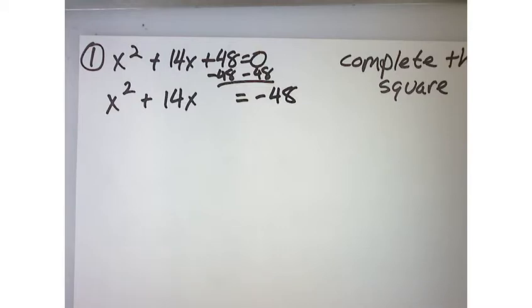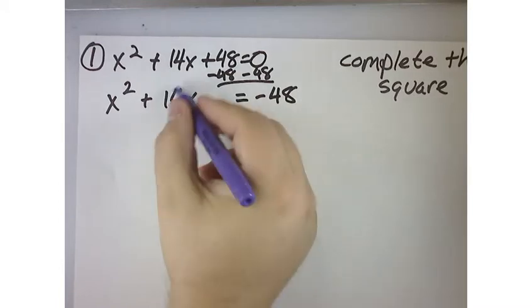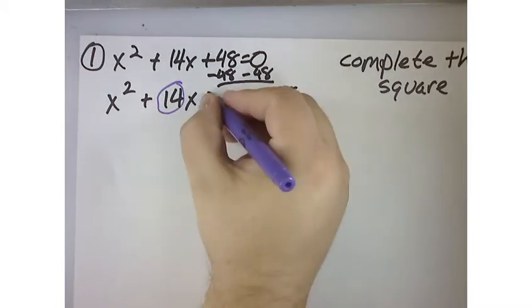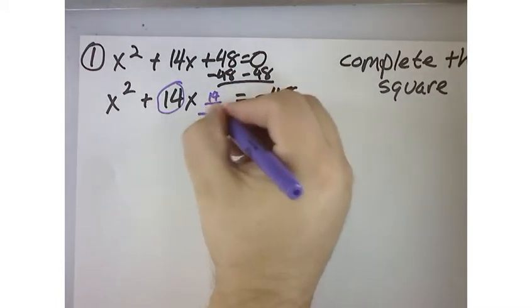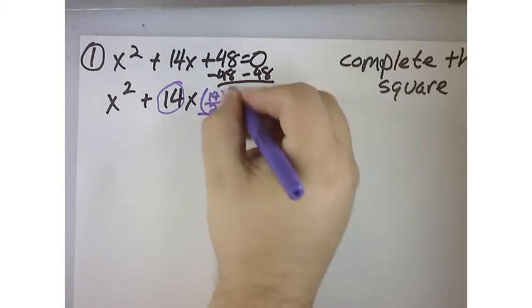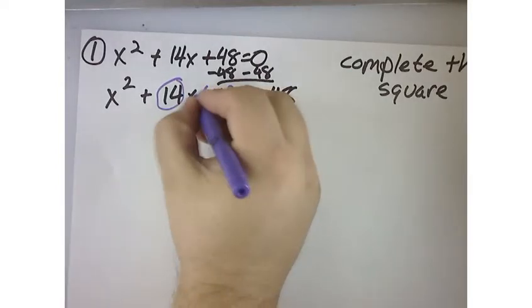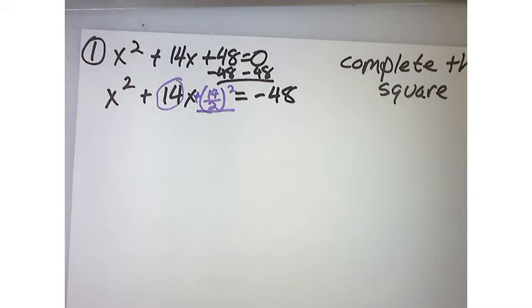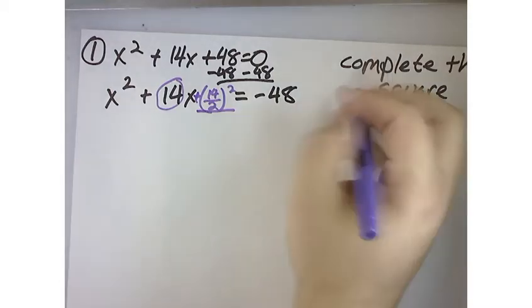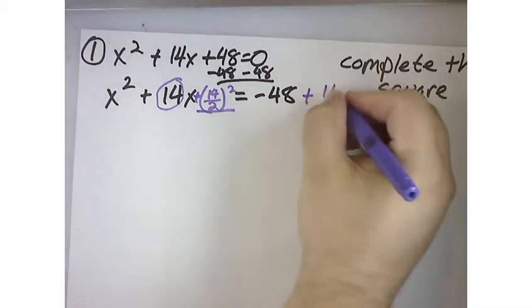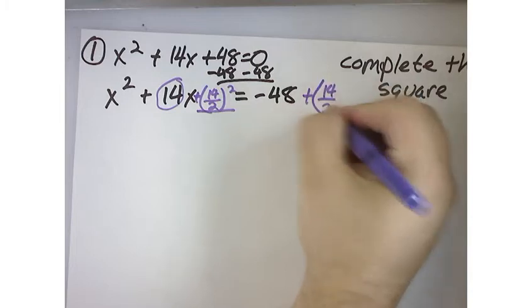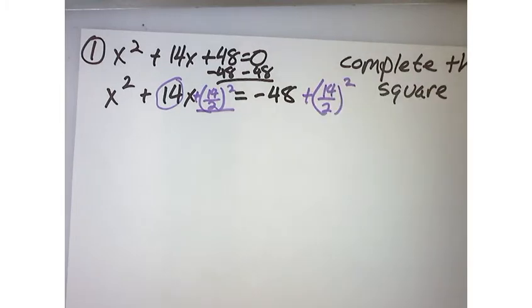Now what I want to do, to do this properly, whatever my b term is, I'm going to take that 14, divide it by 2, and then square it. That's going to be that term there. And then whatever I do on one side of the equal sign, I have to do on the other. Right?